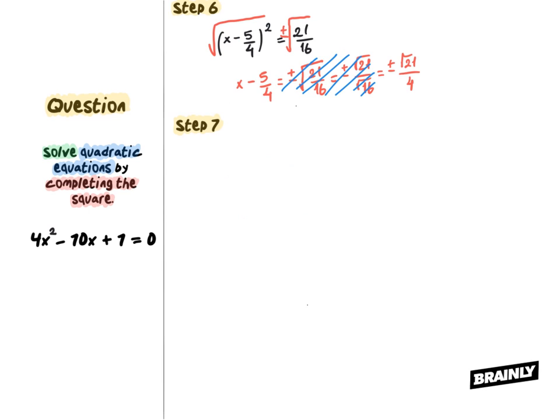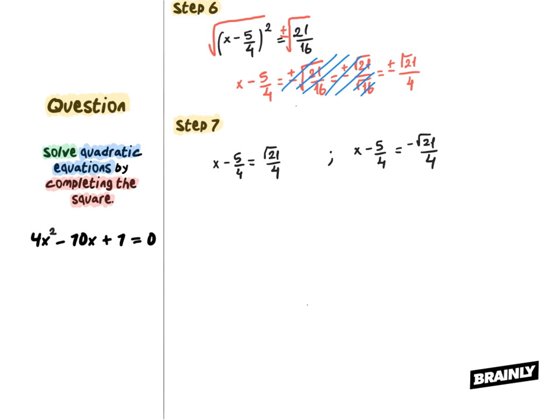Now we just make our two little equations and solve. So we will have to take x minus 5/4 equals positive square root of 21 over 4, and then we are also gonna have to solve x minus 5/4 equals negative square root of 21 over 4.